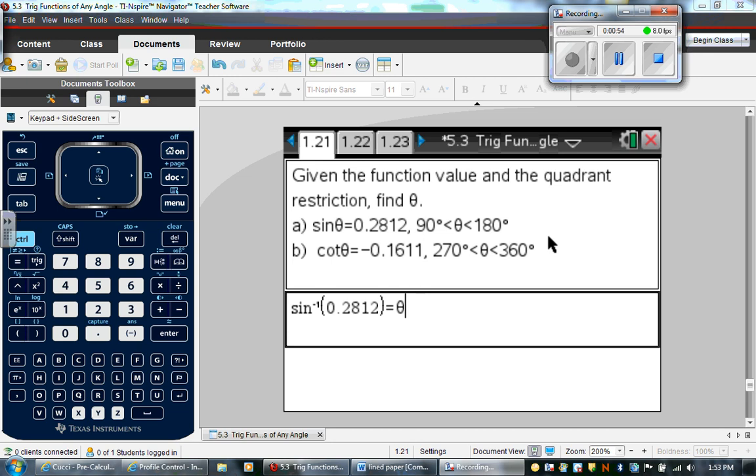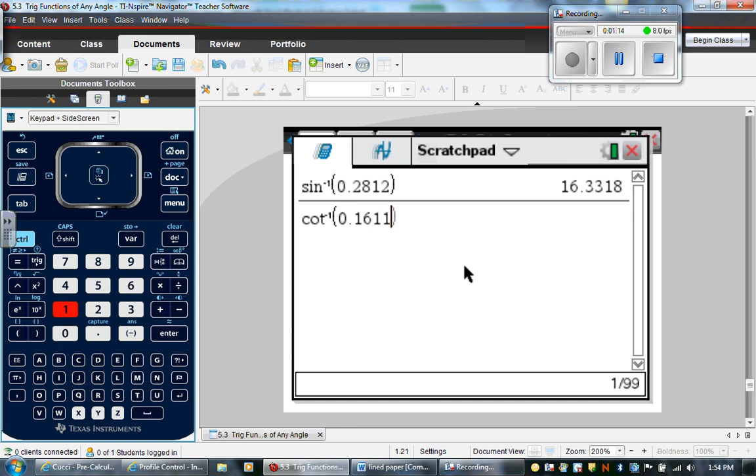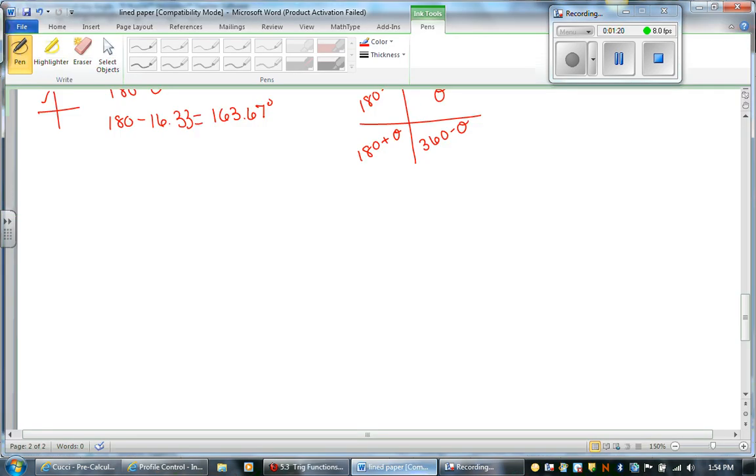So when we take the inverse of this, we're going to take the inverse of the positive value, or the absolute value of the function value. I've got this already open for us, and we're going to put in 0.1611 and hit enter. And we get about 80.85.